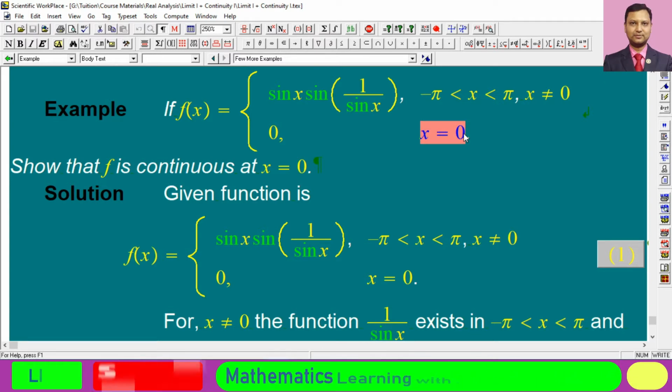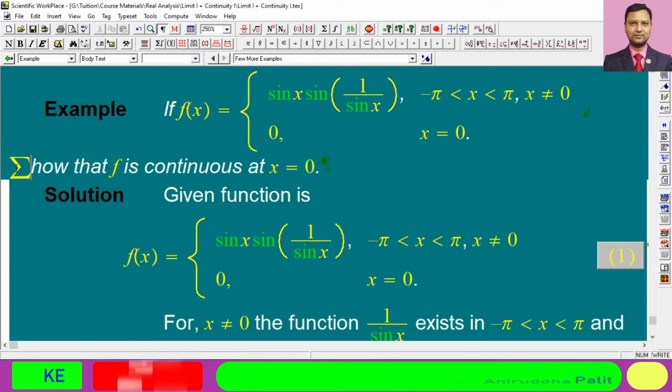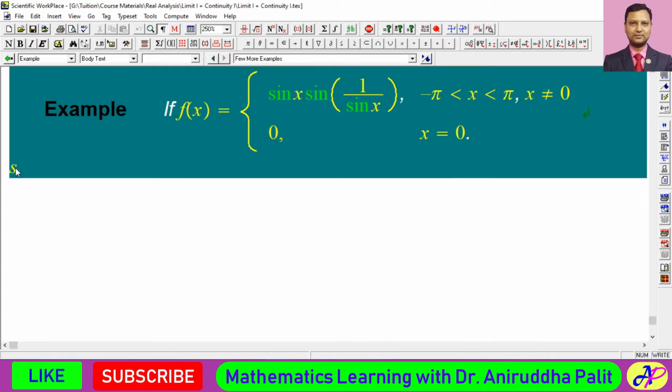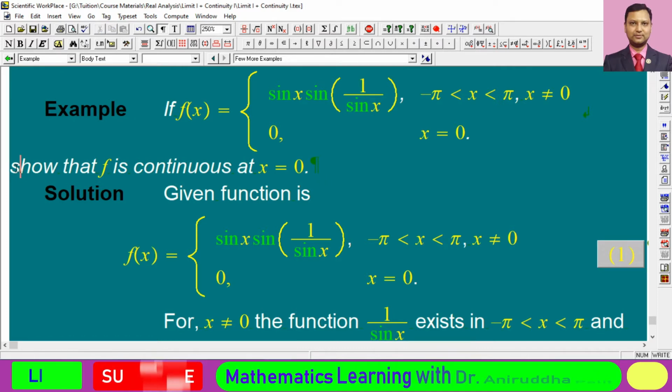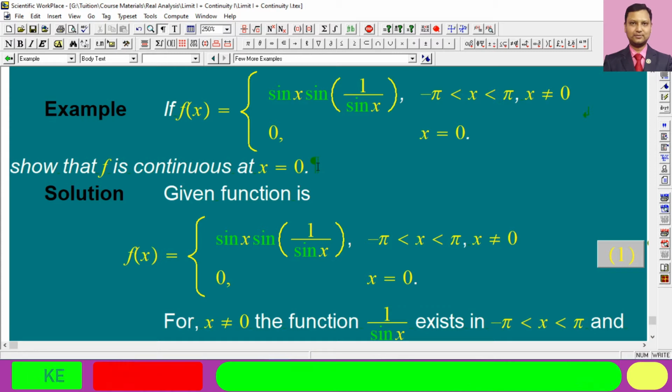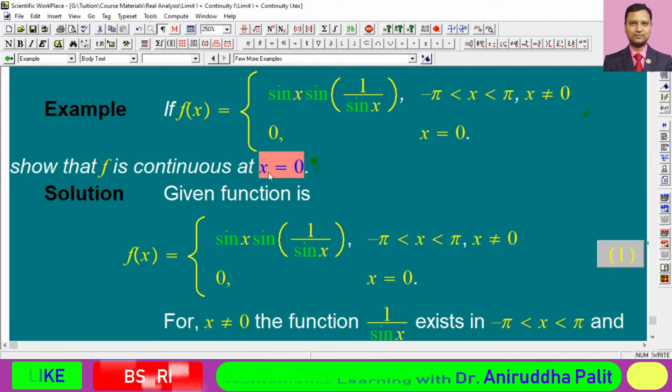We have to prove that the function f is continuous at x equal to 0.